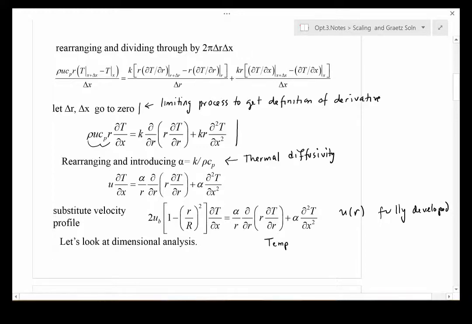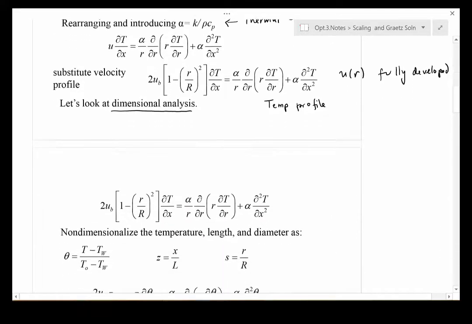But there are simplifications that can be made for this equation depending on different characteristic values of the velocity, the thermal conductivity, the length of the pipe, and the diameter of the pipe. To really understand this, we do dimensional analysis, and by dimensional analysis we mean that we're going to non-dimensionalize the different parts of this problem and understand what the physics might tell us from that process.